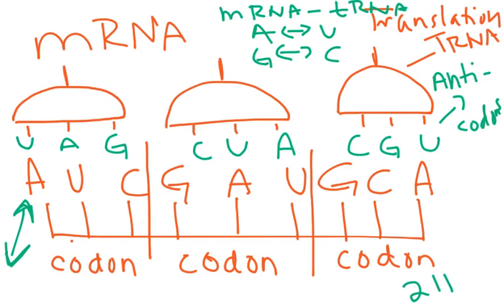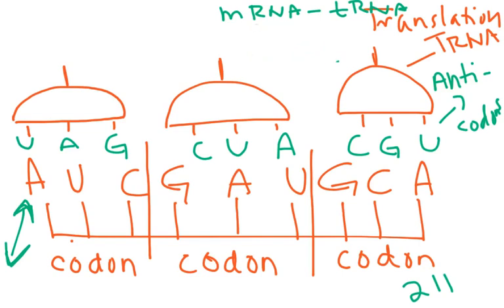I'm going to erase a little bit because we have to write some stuff on the top of our tRNA. What we're going to be writing on the top of our tRNA are the amino acids that we found from the chart. We're still going to be using the mRNA to find the information on the chart. The tRNA is just used to transfer the amino acids to the mRNA strand.